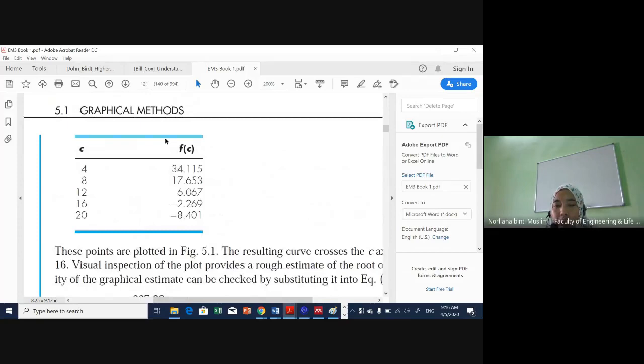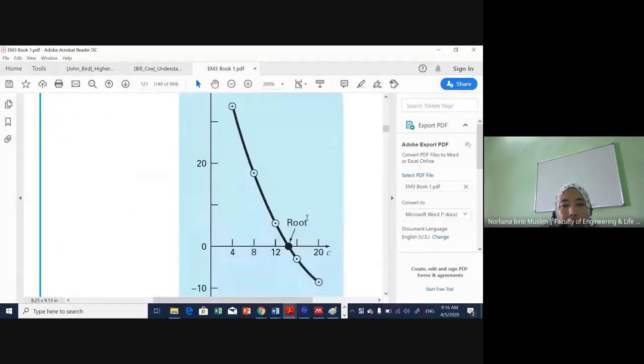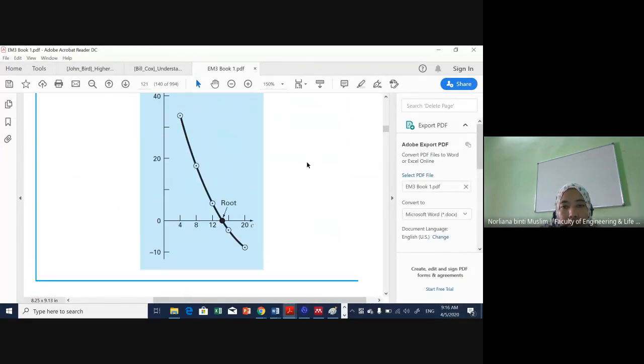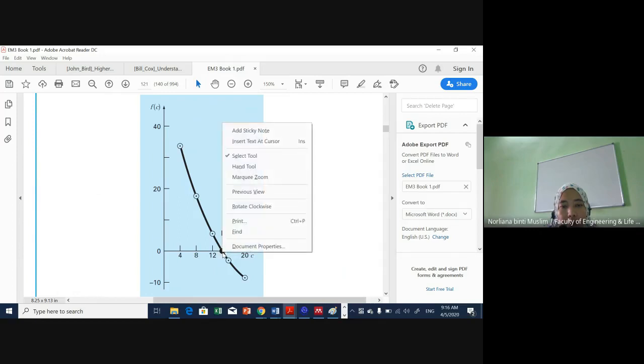Okay, so when we sketch the graph, this is actually the graph. So this is the point 14.7802.